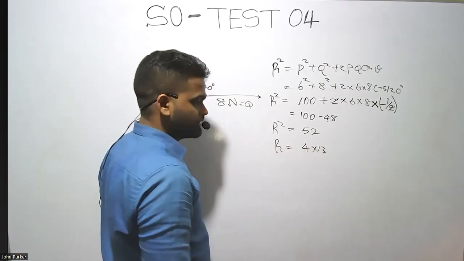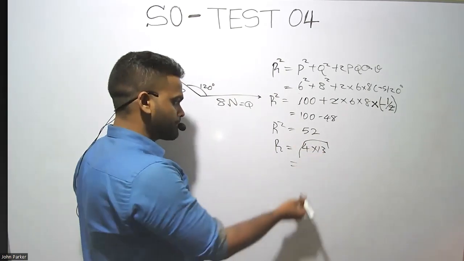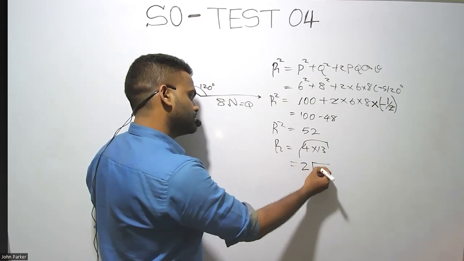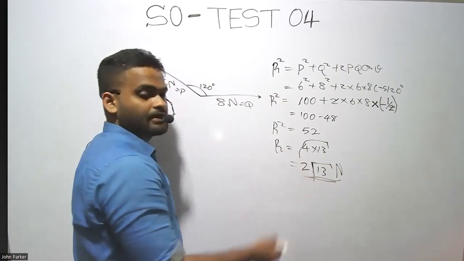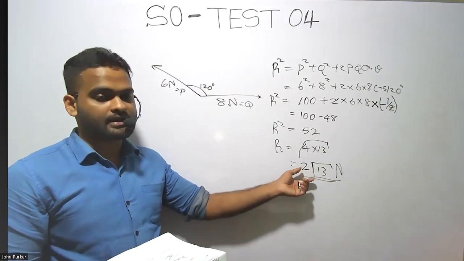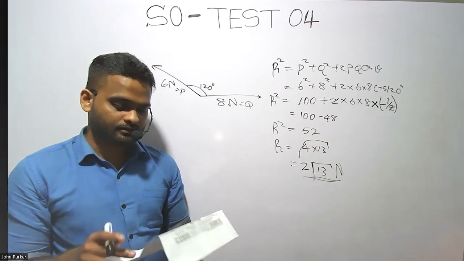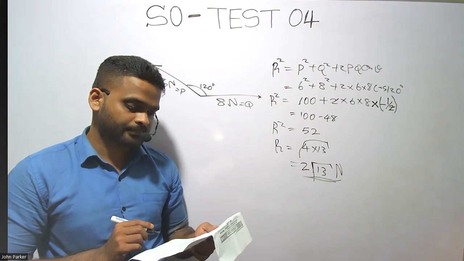So when you take the root of both sides, 2 squared comes outside, and 13 remains inside. In the question, they haven't simplified that further, so it should be 2 root 13. Fourth answer.